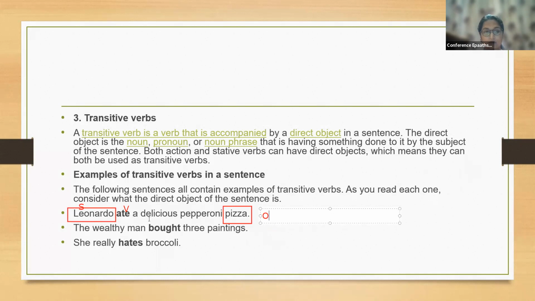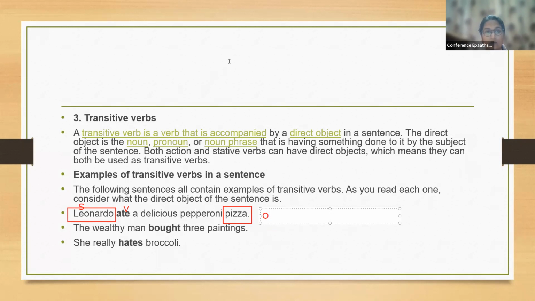Now, these words are different, like what kind of pizza, delicious pizza, pepperoni pizza. As we have learned parts of speech, I may ask you, what is the part of speech of delicious? As delicious is telling the quality of the pizza, it is an adjective.